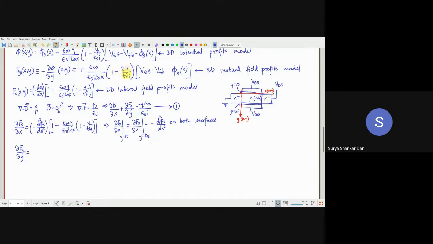Y will basically, I mean, that will vanish because of this del y. Okay, so minus 2 by tsi. So what do we get finally is minus twice epsilon of x by epsilon si tsi t of x.